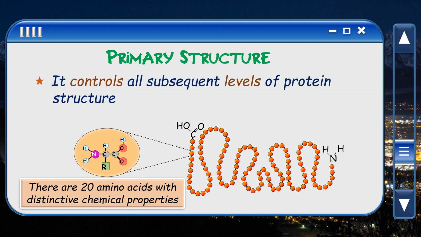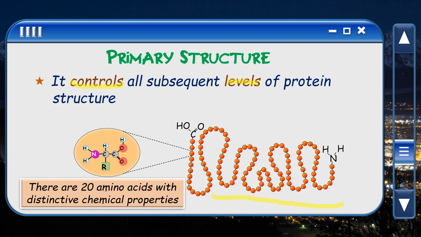The primary structure controls all subsequent levels of protein structure. The first structure that we start with is the primary structure, and it is the one which is going to control all the subsequent structures of the protein that come next. We have the primary, secondary, tertiary, and quaternary structure. The primary structure determines the secondary structure, and it will control the tertiary and the quaternary structure.